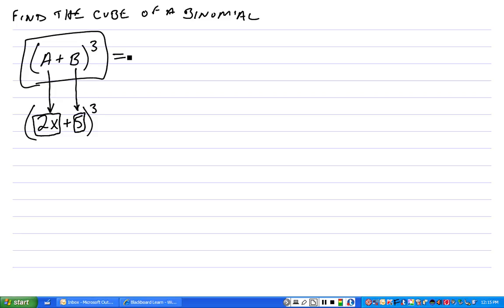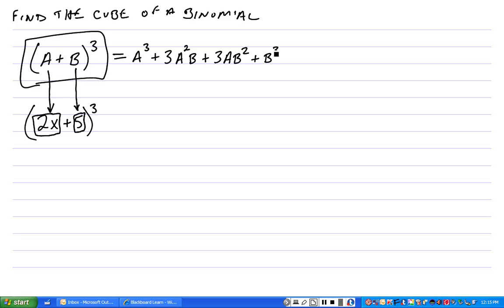So if you have (a + b) cubed, then your answer is going to be the first thing cubed, plus 3 times the first term squared times the last term, plus 3 times the first term times the last term squared, plus the last term cubed.